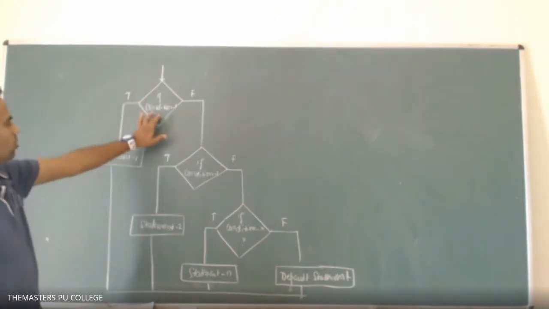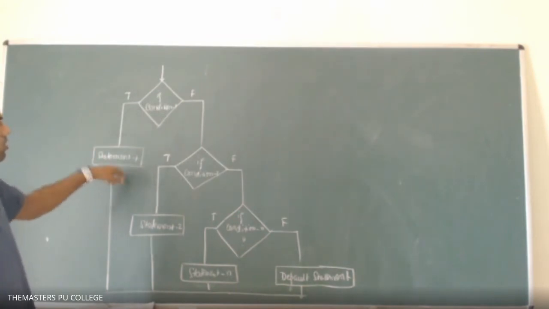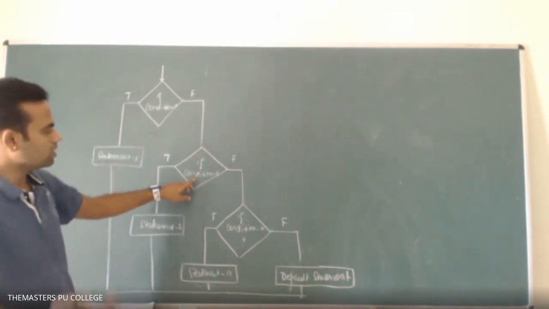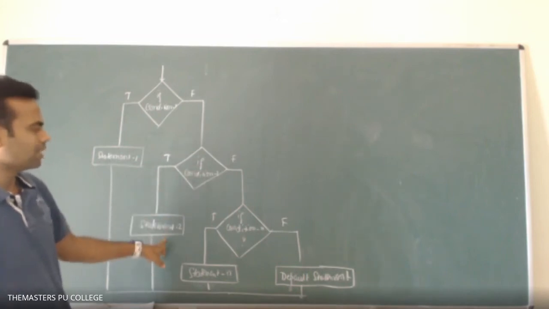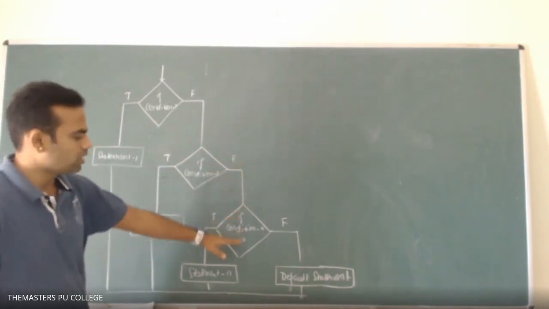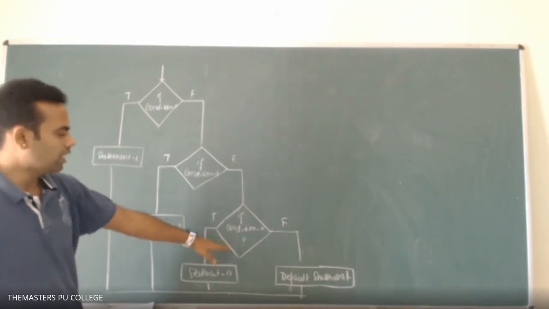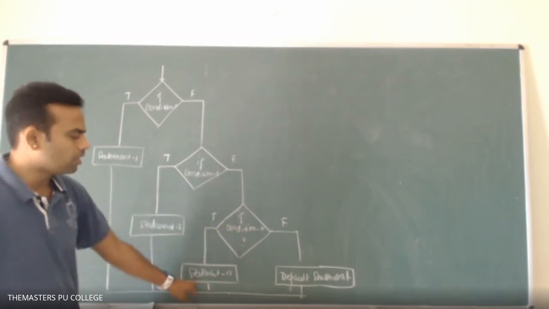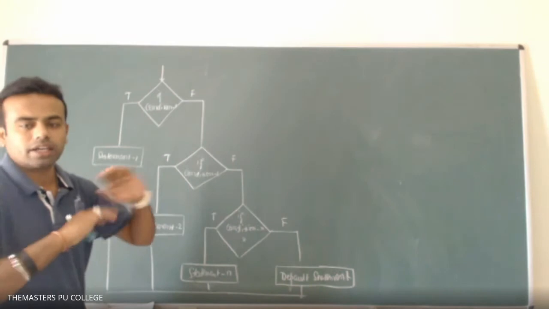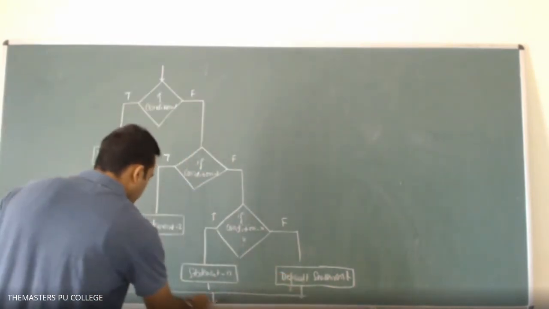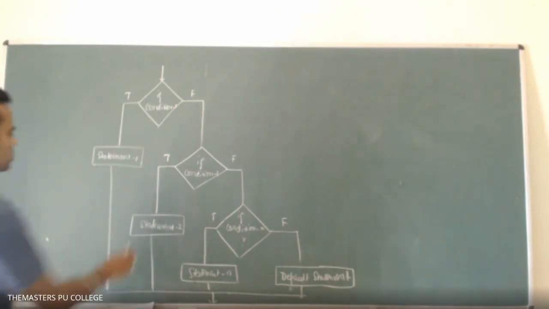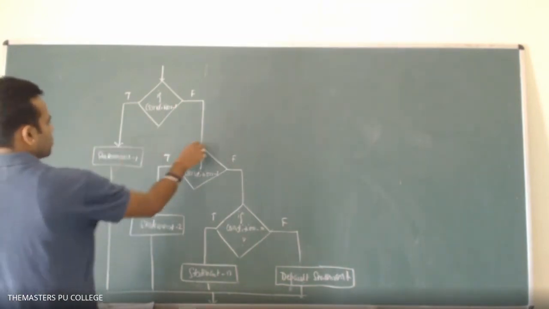If condition one is true, then statement one will execute. If false, then it checks for condition two. If it is true, statement two will execute. Otherwise, if it is false, then up to condition n you can write. If condition n is true, then statement n will be executed. In all the other cases, finally the default statement will execute. Put the arrow mark, very, very important.